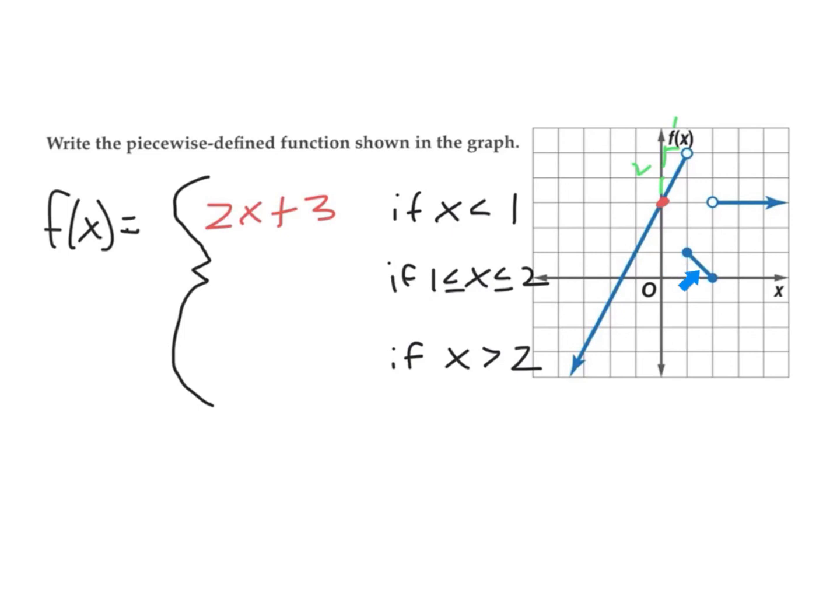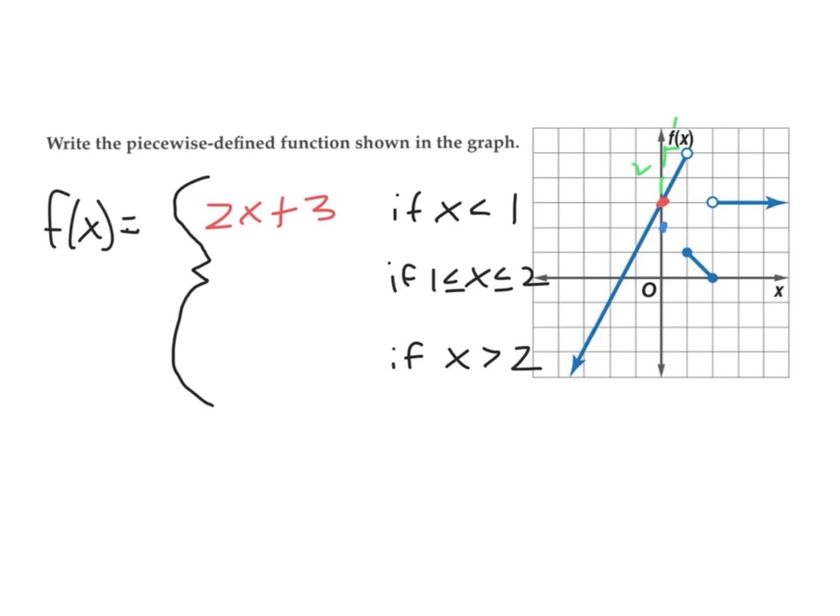Now this piece is a little trickier because it doesn't cross the y-axis, but the equation itself will still be in the same form. So if I knew what the y-intercept was, if it continued on and on, I could find the equation for this piece. So that's what we're going to do.